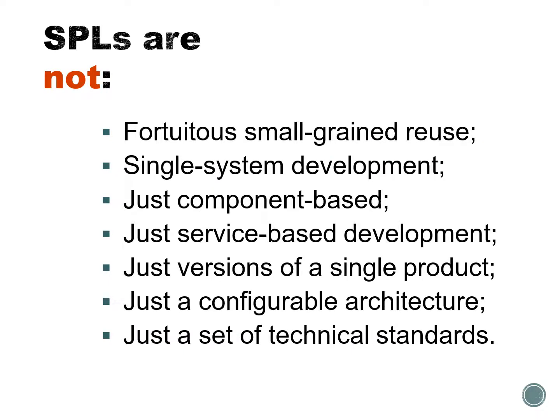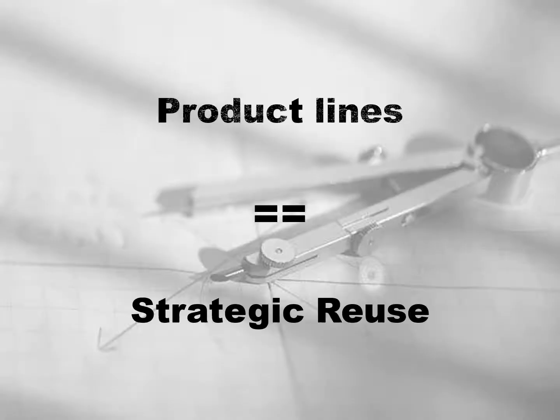Of course, product lines are not useful, or shouldn't even be considered, if we are doing a single system development. If we are making a one-time thing, it's also not just a configuration architecture or versions of a single product or a set of technical standards. It's more the idea that we have services or parts which we can reuse somewhere else to make a new product which costs less than developing a completely new product.